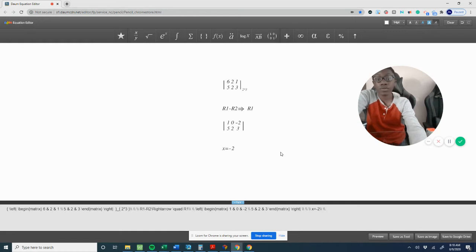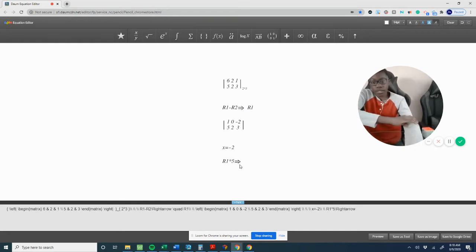Okay, so what we're going to do is multiply R1 by 5. I was having some trouble with the arrow, so I'm just going to copy this one. And we're going to replace the R1 in this new matrix, once again.